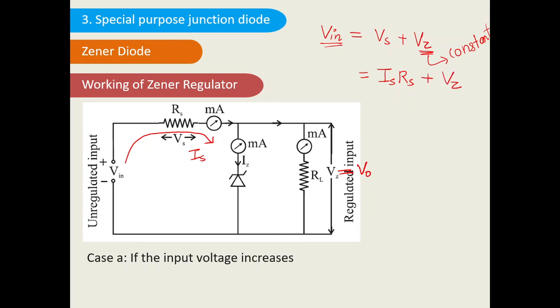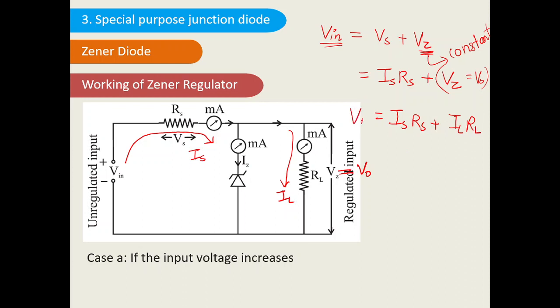Vz is nothing but Vo. So you can also write it like this: Vin equals Is Rs plus Vo, and Vo is equal to the current through the load, IL, into RL. So this is IL into RL.